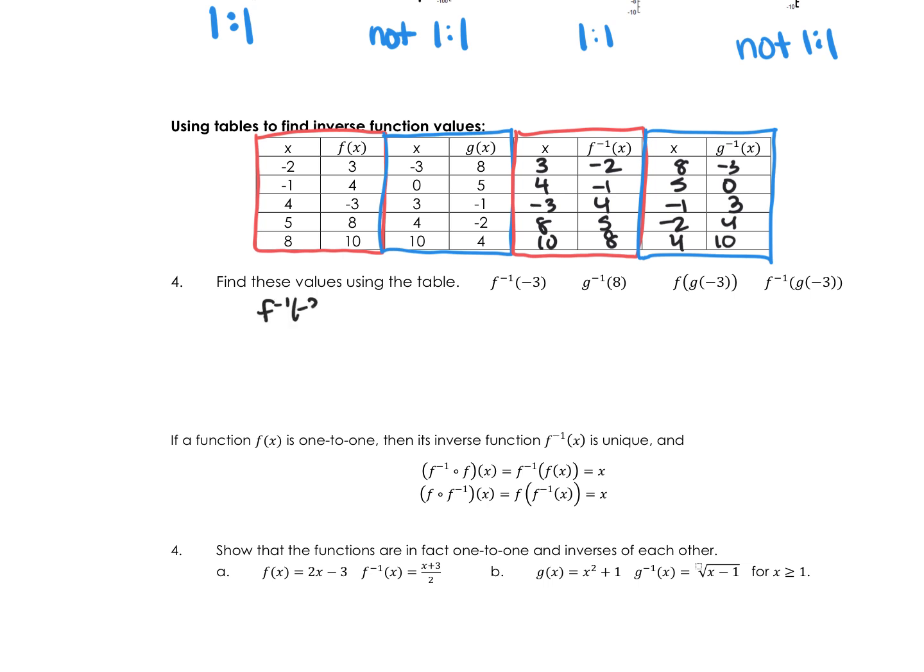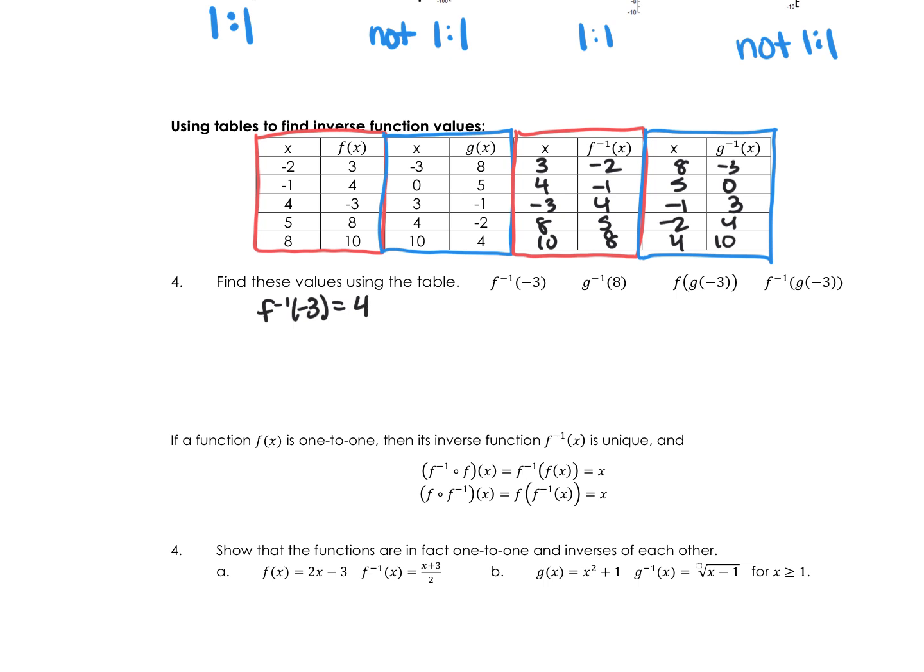Let's try this again. They've given us a table for F, and they've given us a table for G. Can you make me a table for F inverse then? This part right here is the table for F inverse.